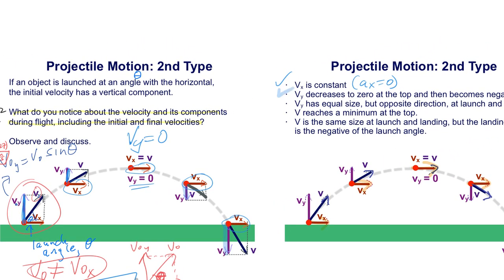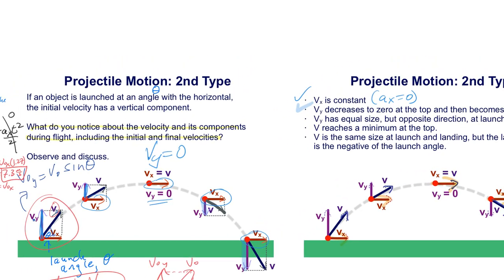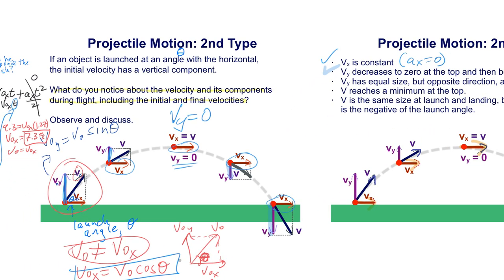Okay, so we just did that one. If you hit horizontal ground, look, it's symmetrical. So your V right here is the same as the V right here in size. At any level, on the way up and the way down, you have the same V. Because Vy is the same and the Vx is the same, but Vy is in the opposite direction.